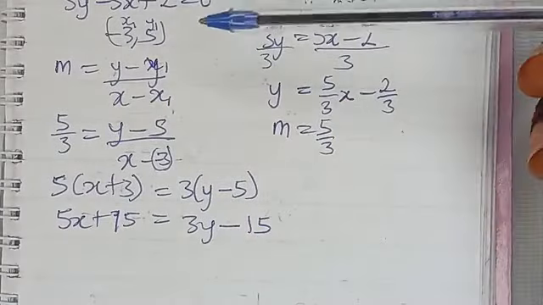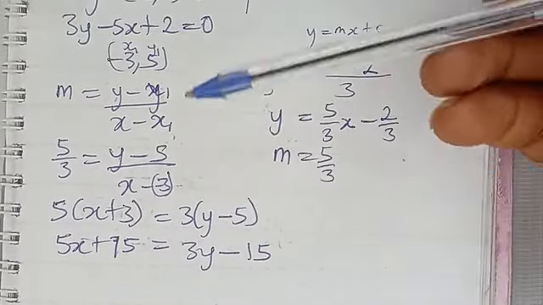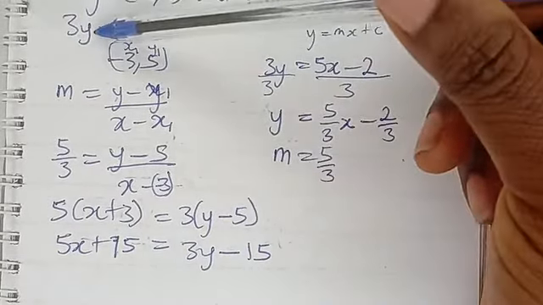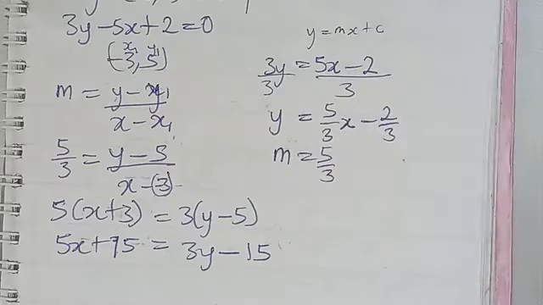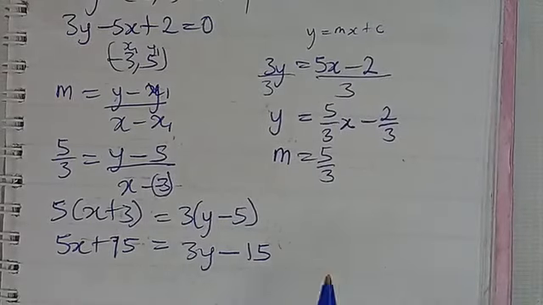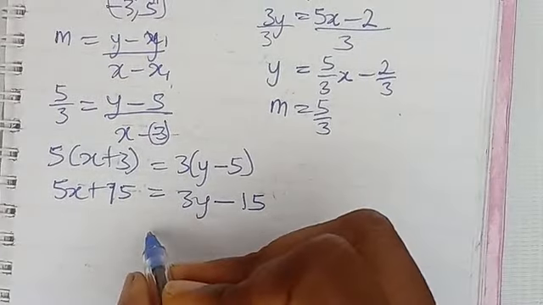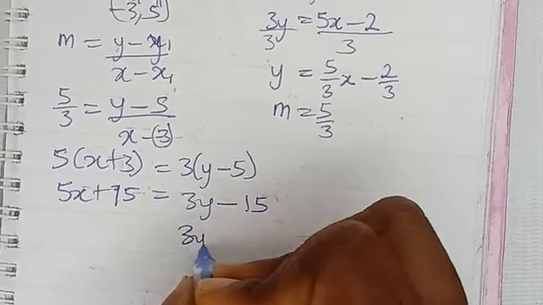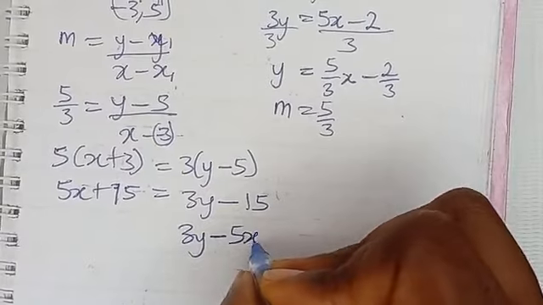Now, before we collect the terms together, let us look at the original equation given to us. So it starts with y, right? And then everything equates to 0. So that's the same thing we are going to do here. Now, since the y is already on this side, let's collect everything to this side. So we have 3y is already here. The 5x crosses over to be minus 5x.